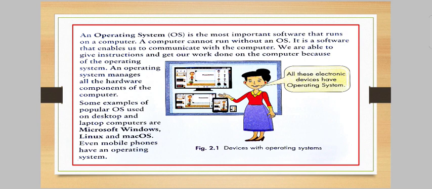With the help of the operating system, we are able to give instructions and get our work done. And it manages all the hardware components of the computer. So these are the main points of operating system, and some examples are Microsoft Windows, Linux, Mac OS.